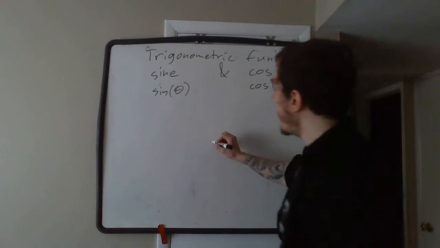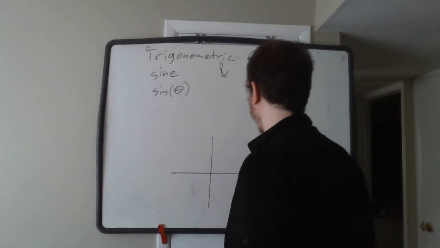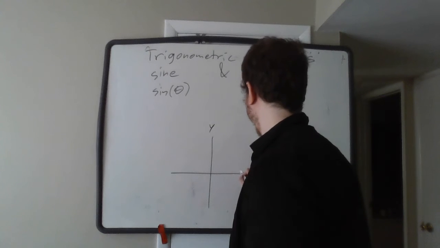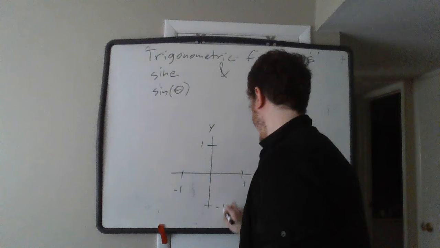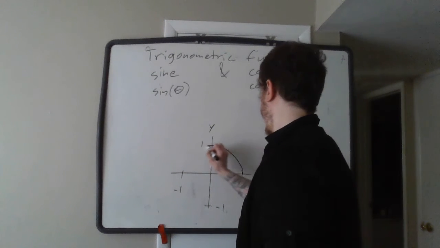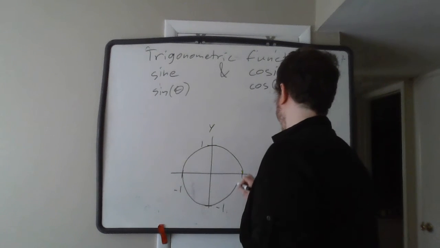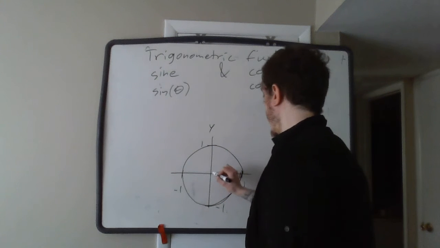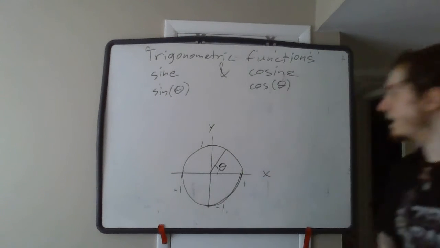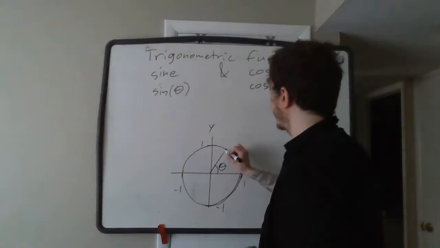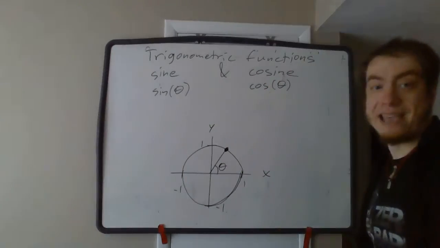Well, think back to the unit circle that we drew last time. Give me a moment to draw a new one. If I have some angle theta, I have a terminal point for this angle theta.